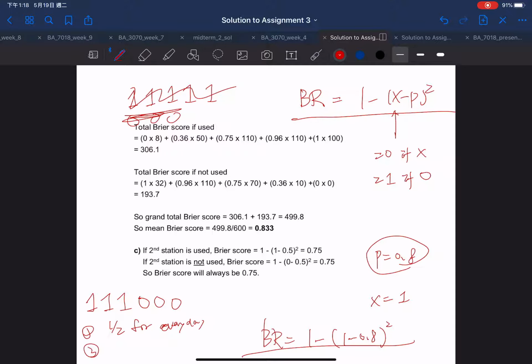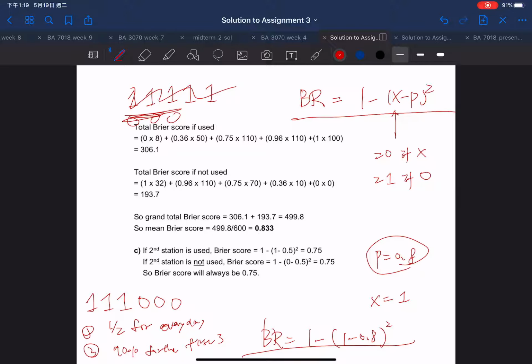The second one is that I predict 90% for the first 3 days, and 10% for the last 3 days. Okay?